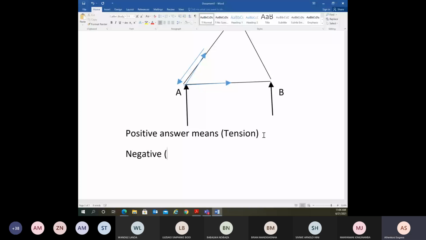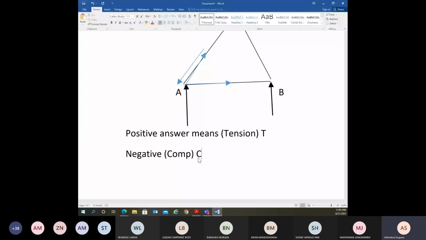You can refer to this as T, and this as C. After calculating, you get your answer, then you indicate whether it's in compression or in tension.